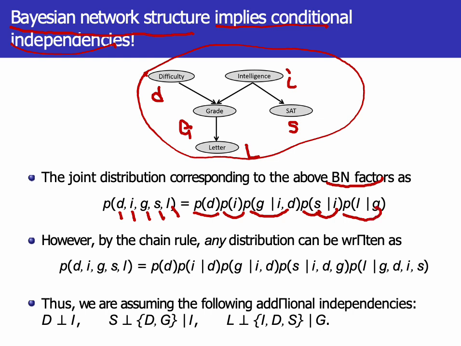However, by the chain rule, these can be rewritten as P(D), P(I | D). So you have this one to this one.